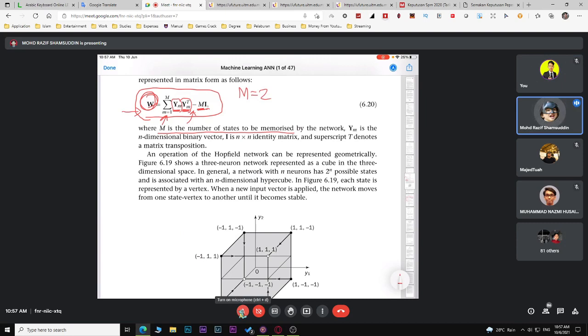Okay, lepas tu dia kata I is the n times n identity matrix. N times n ni adalah dia punya vector space sama dengan neuron lah. Okay. So I dia adalah berapa? Berapa kali berapa?